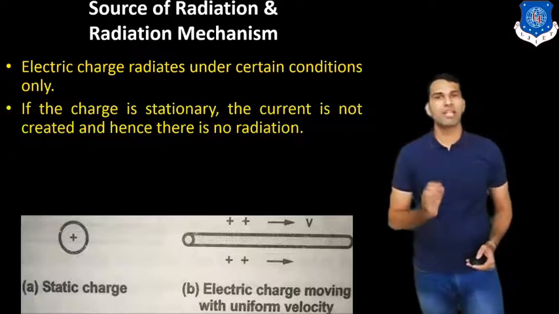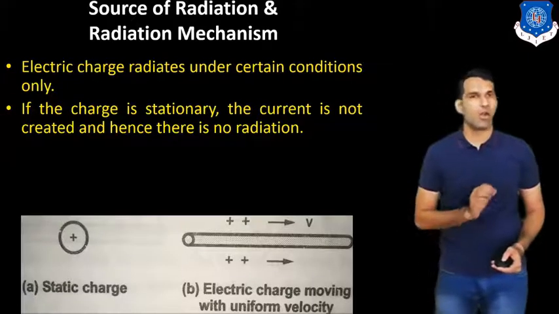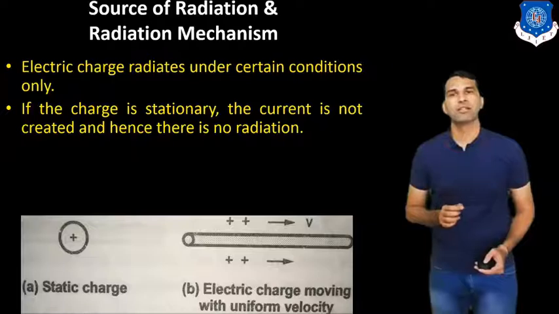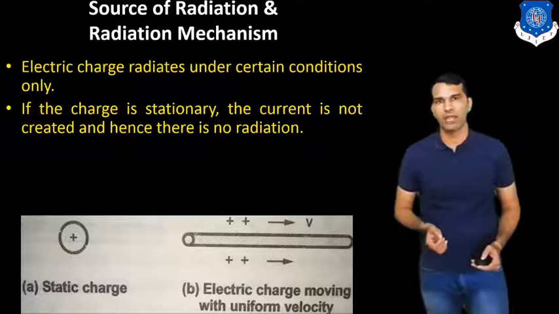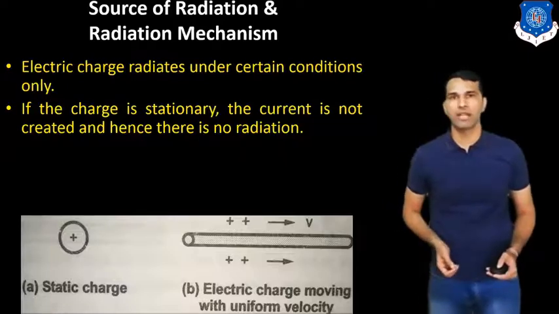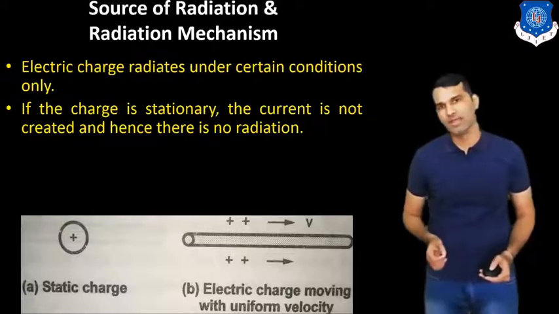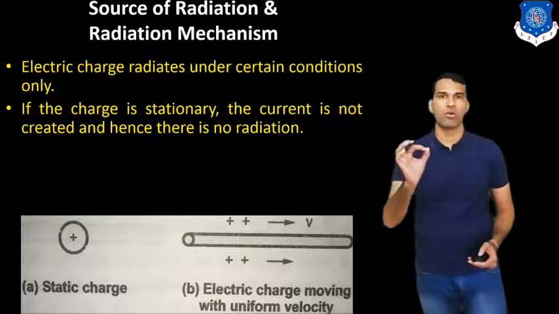If the charge is stationary, the current is not created and hence there is no radiation. Because in a stationary charge, the current is not created, so at that time the radiation is zero.